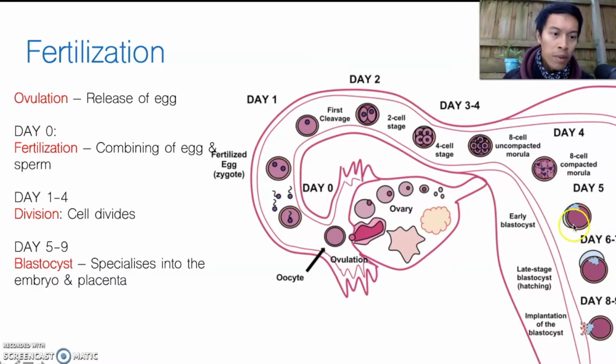This little mass here becomes the embryo and develops into the baby, whereas the outer cell mass there actually turns into the placenta. And so the placenta actually belongs to the baby. It attaches to the uterine wall, where it will receive nutrients from the mother and transfer them to the baby. But the placenta belongs to the baby.